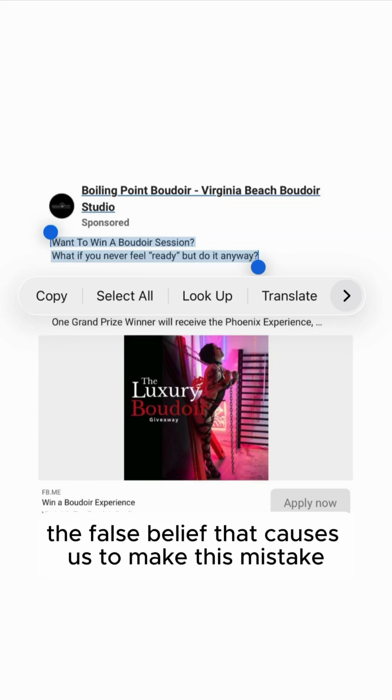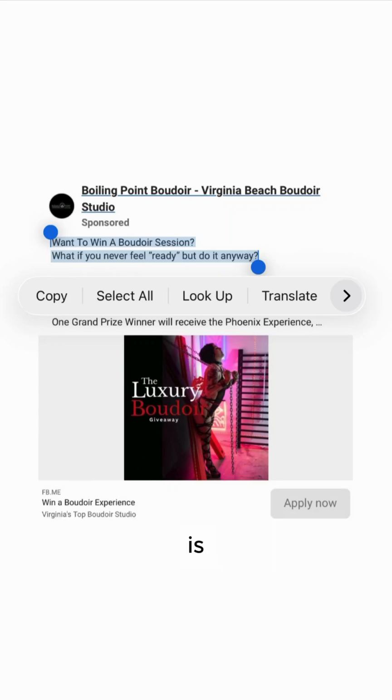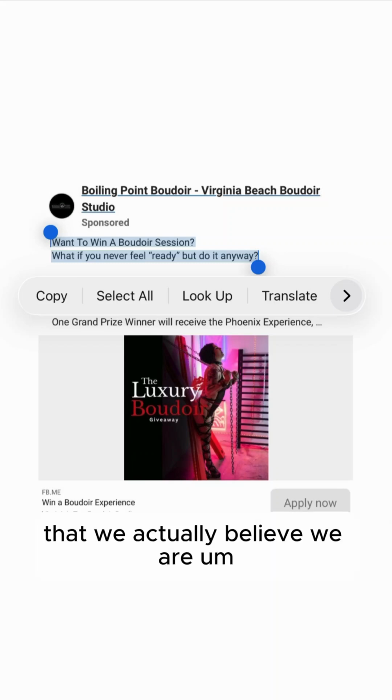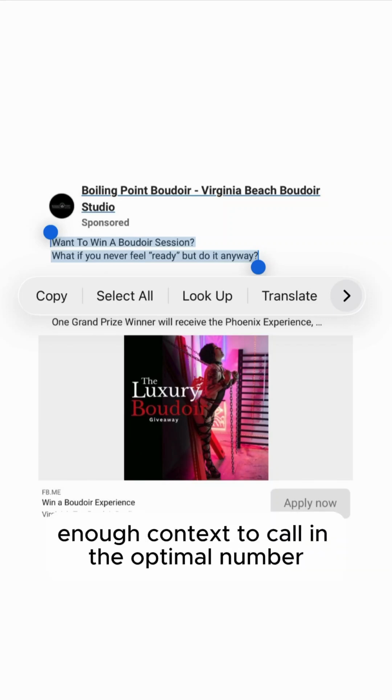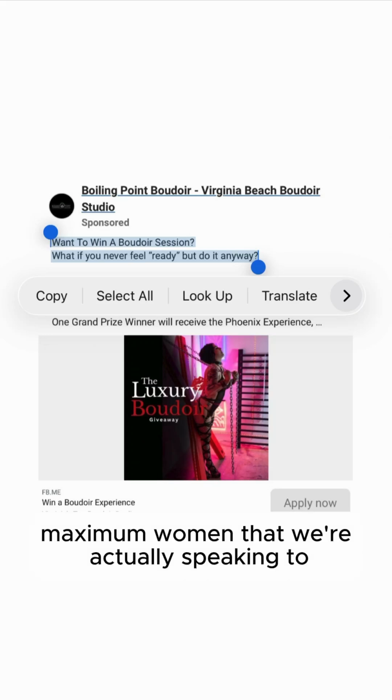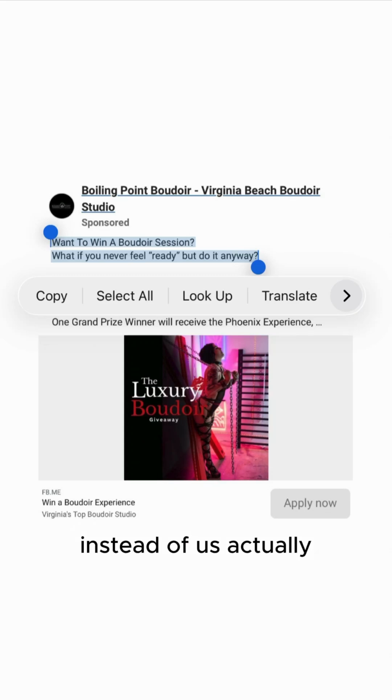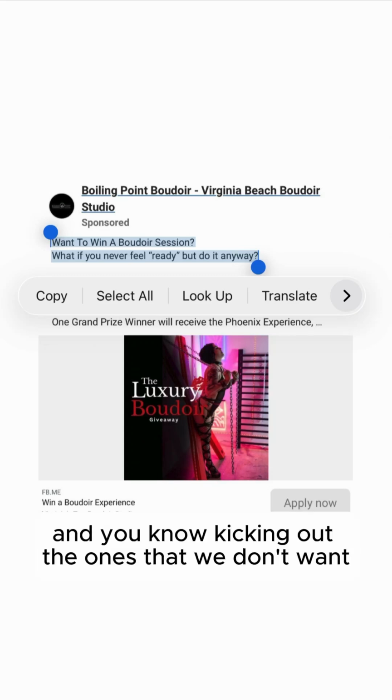The false belief that causes us to make this mistake is that we believe we've got enough context to call in the optimal number, the right number, of the maximum women that we're actually speaking to, and kick out the ones that we don't want clicking on our stuff.